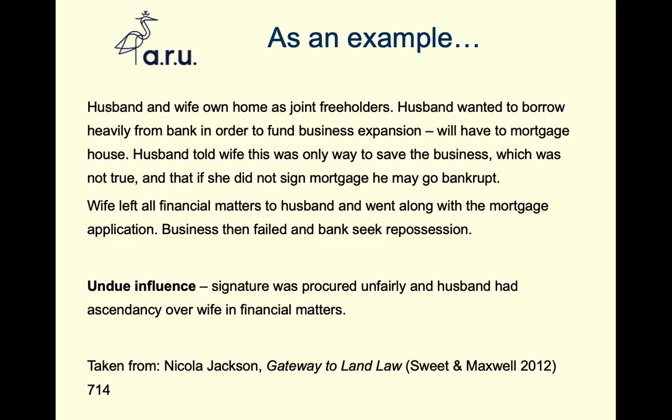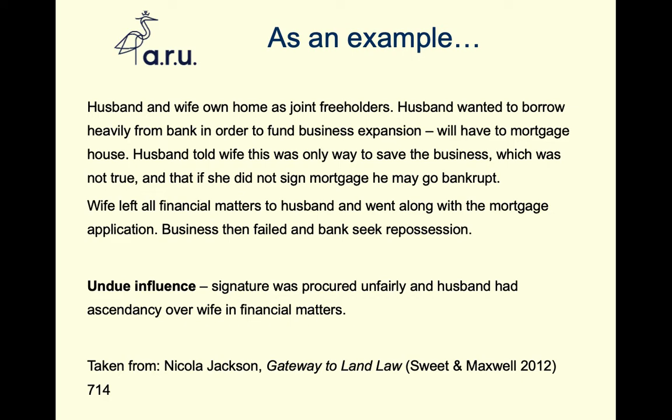So if you think about that from a policy perspective, you're referring to this woman as a victim, and therefore the law is trying to protect her against a wrongdoer, her husband. But the bank aren't always perceived as being a wrongdoer in that situation.